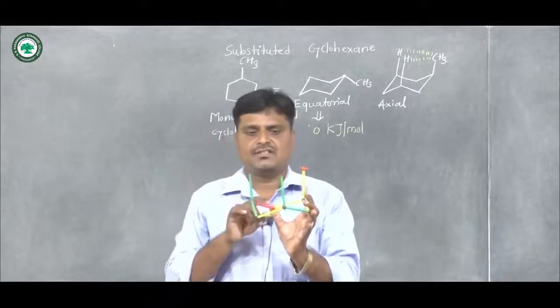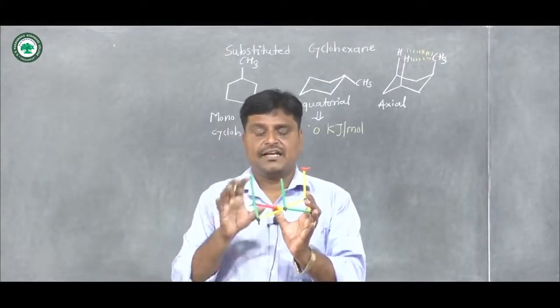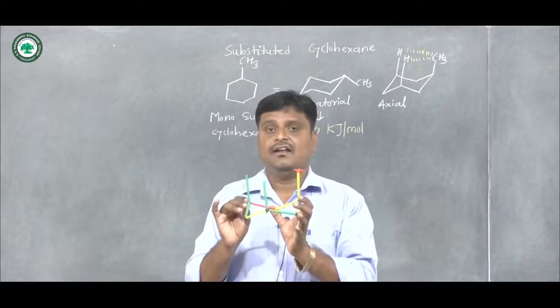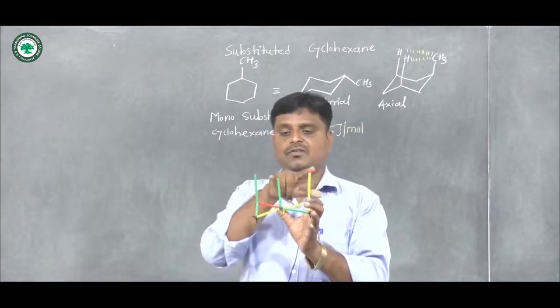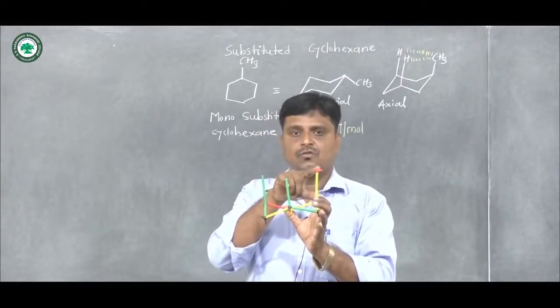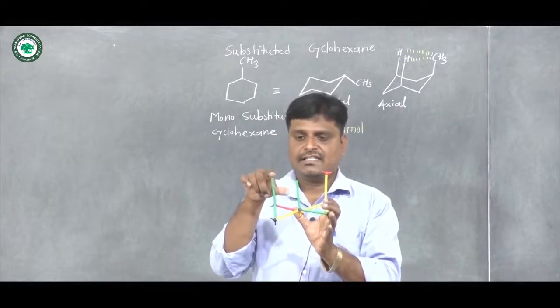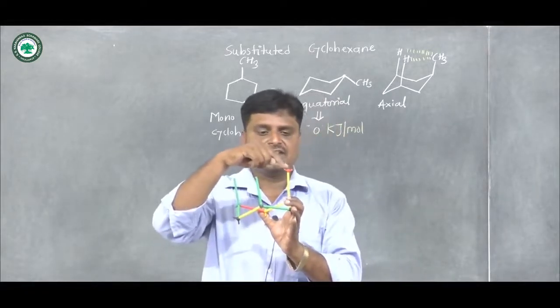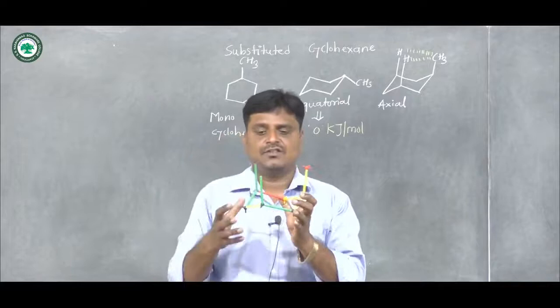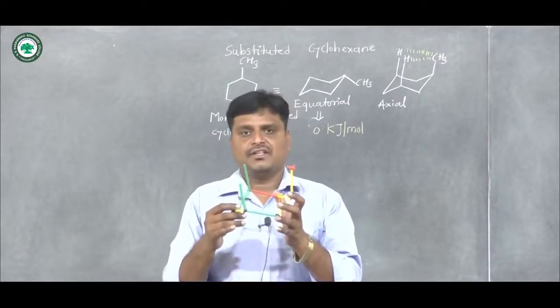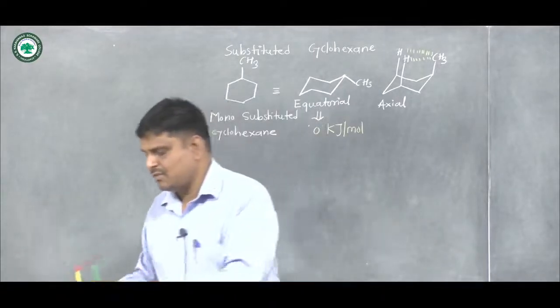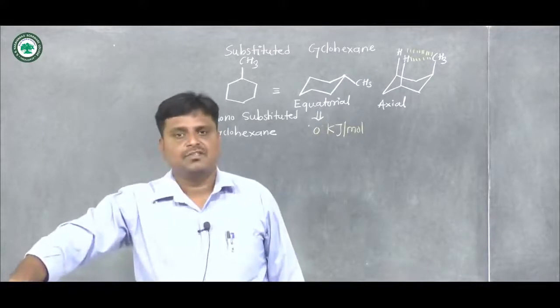This interaction is called 1,3 diaxial interaction. So methyl and this hydrogen, and another interaction is methyl and this hydrogen. How many interactions are possible here? Two interactions are possible.